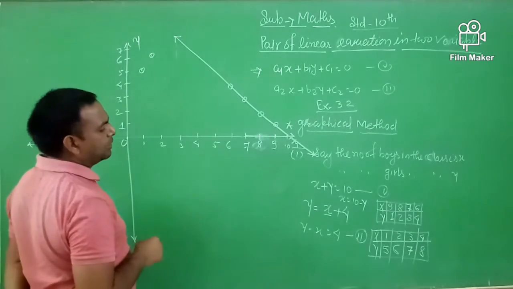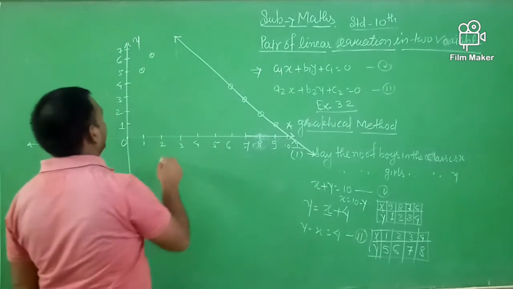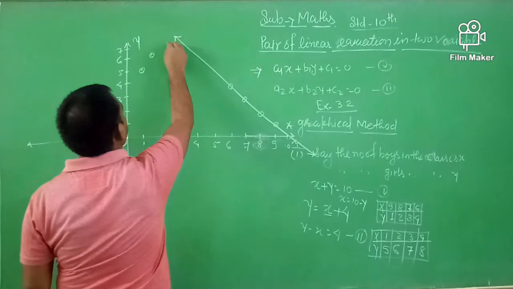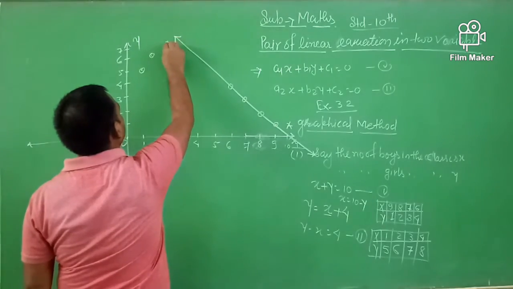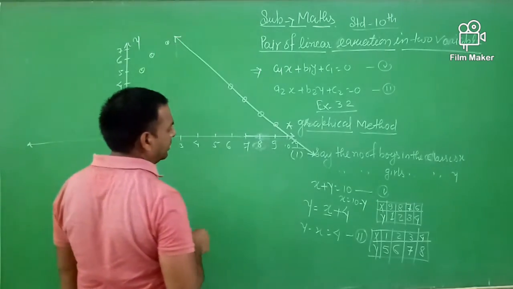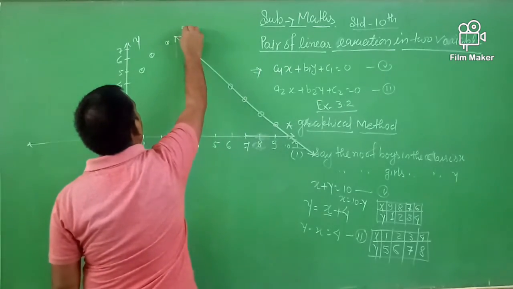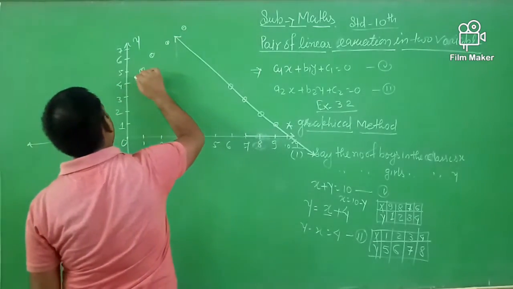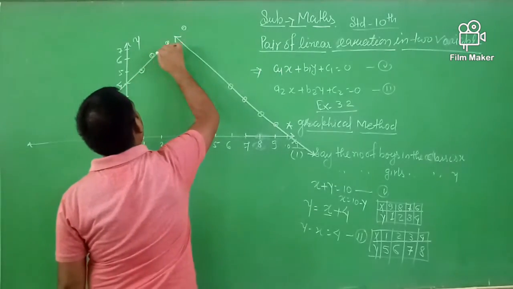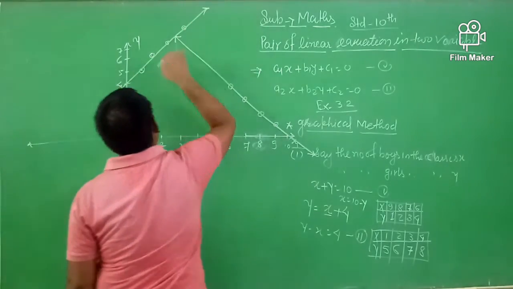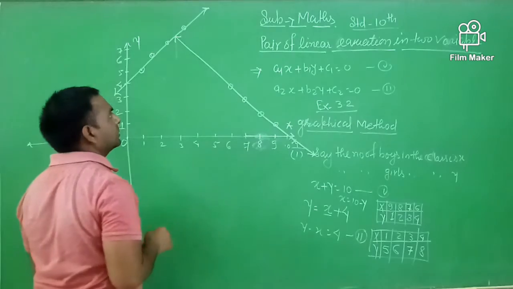If x is equal to 3, then y is equal to 7. And if x is equal to 4, then y is equal to 8. Then I draw a line using these points.